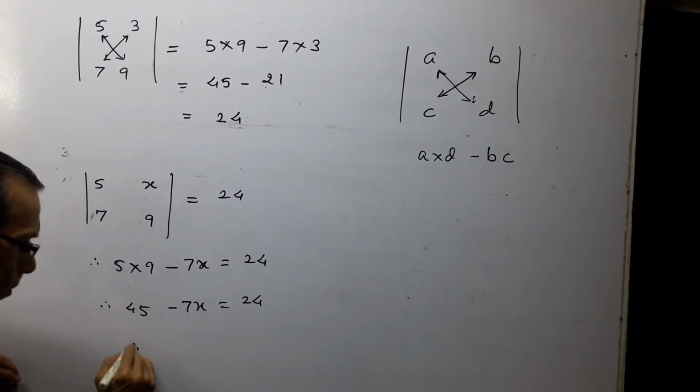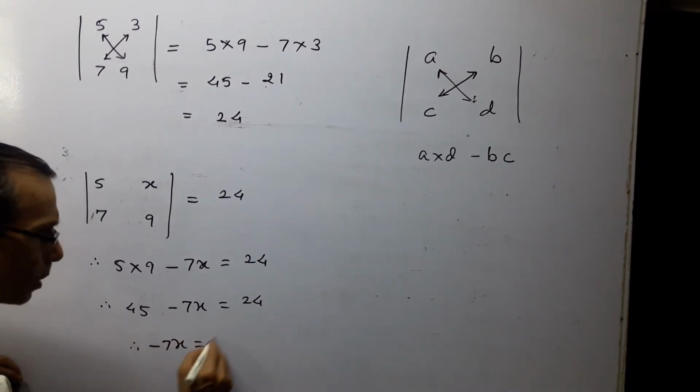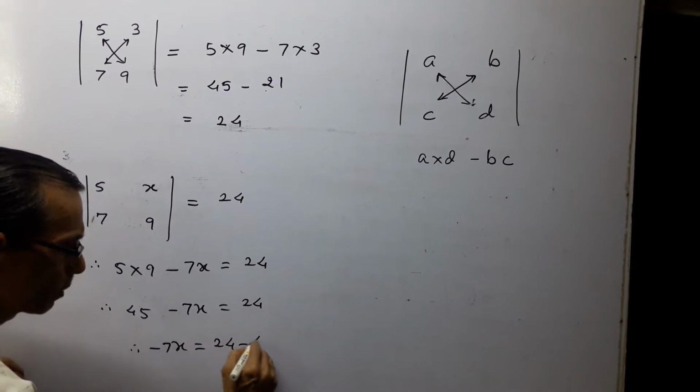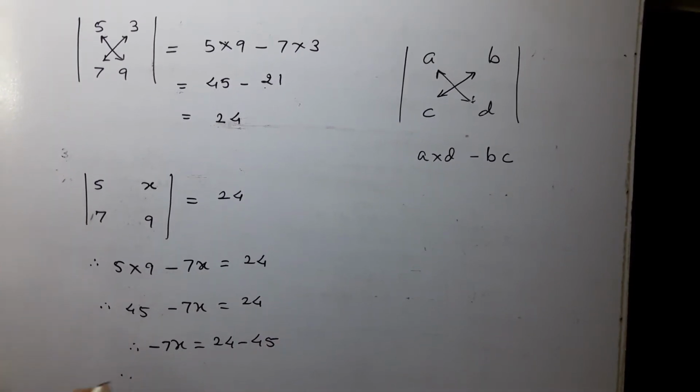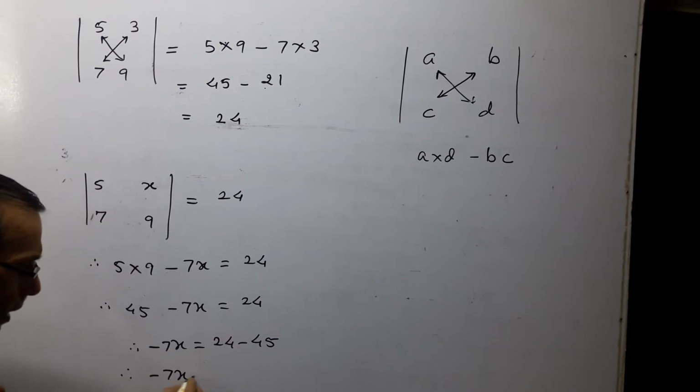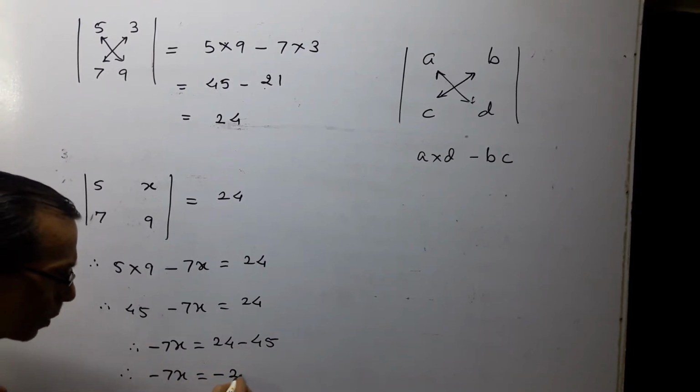Therefore minus 7x is equal to 24 minus 45.